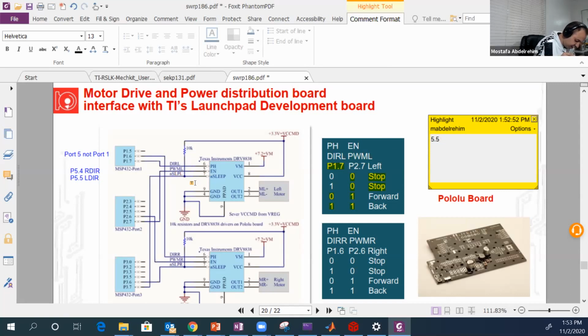Okay, for the enable, let's look here. So this is, for example, bin 2.6. Let's trace this wire. It's connected to the enable. And 2.7 is also connected to the enable. Did I understand your question right?